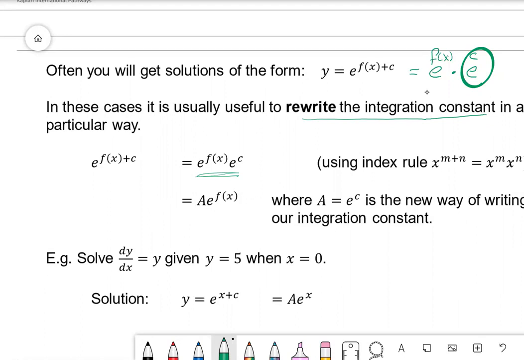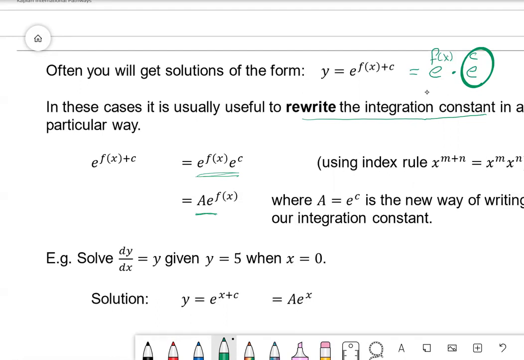So they call it a, therefore it equals a e to the power f of x, where a is e to the power c, the new way of writing the integration constant. So if we have e to the power c, which is the integration constant, you can write it as a instead.